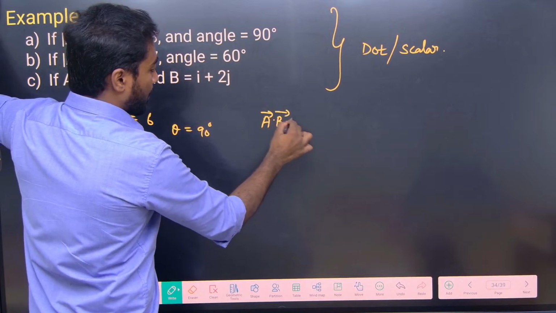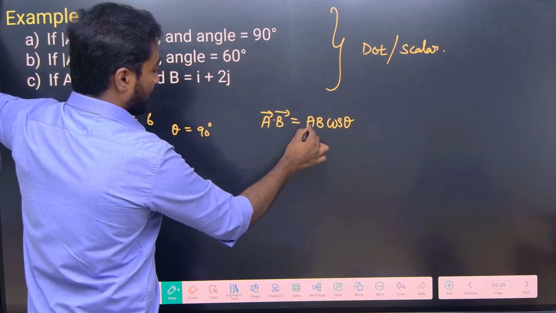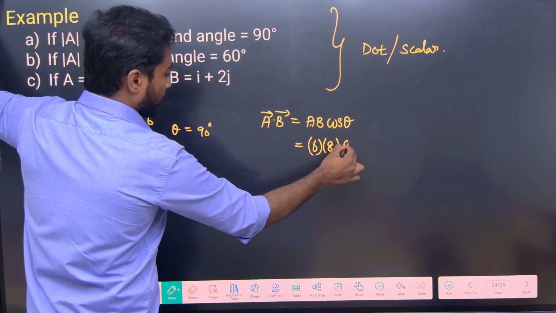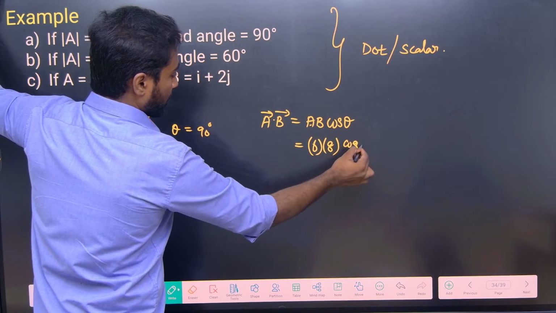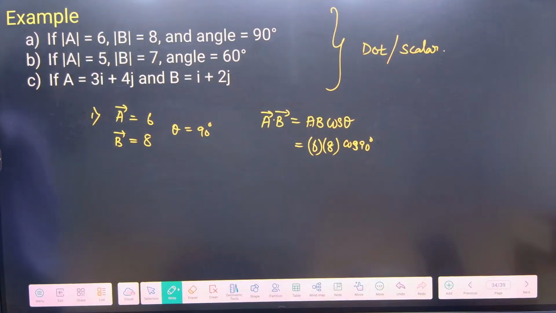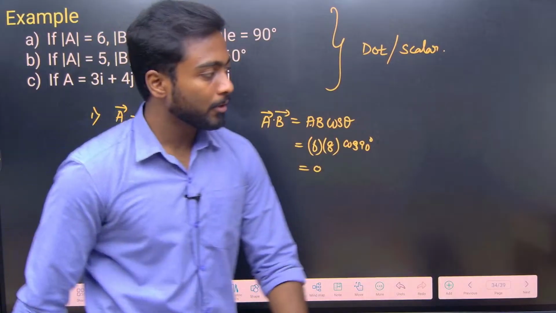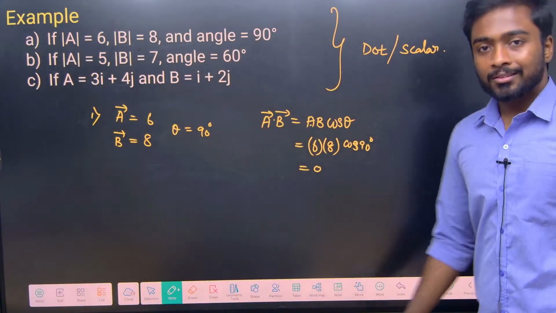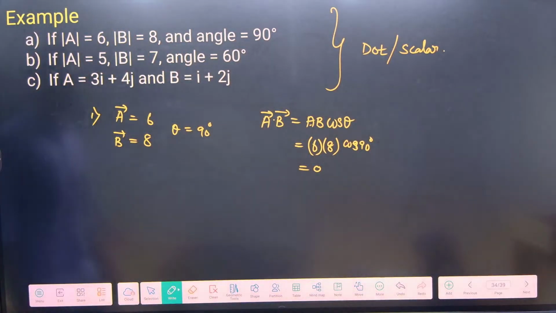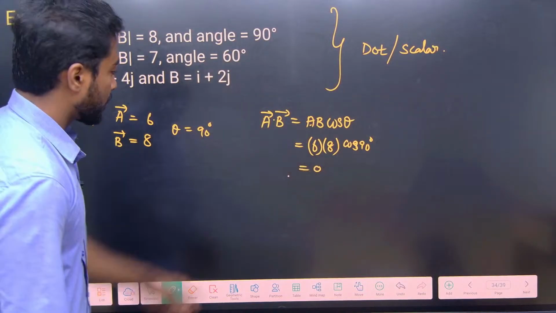A dot B will be ab cos theta. What is a? 6. What is b? 8. And cos 90 is 0. So the answer is 0. Simple. Sin 90 is 1, cos 0 is 1, and cos 90 is 0. So the answer is 0 for this question.